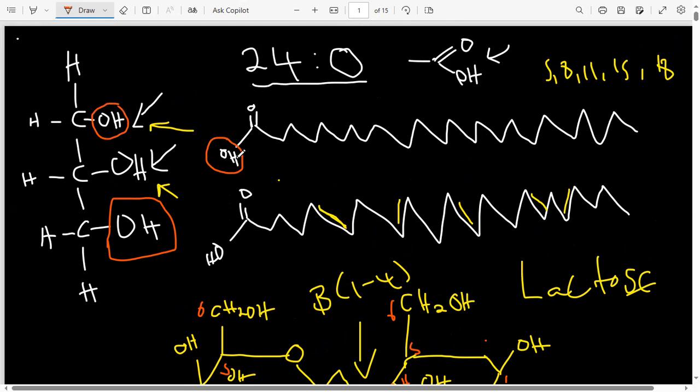So what will happen is that from the acid, you're going to get the OH, and then from the glycerol, okay, so this is glycerol here, we're just going to get H. So it means water is going to be removed here because you have OH combining with the H. So it's going to form water. And then this oxygen here will be directly bonded to the what? To this carbon that is there.